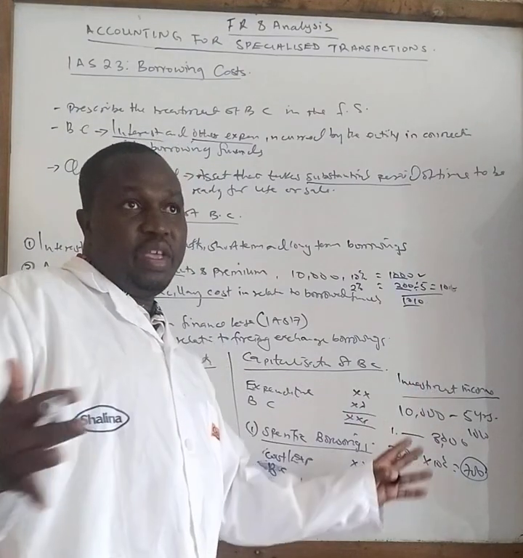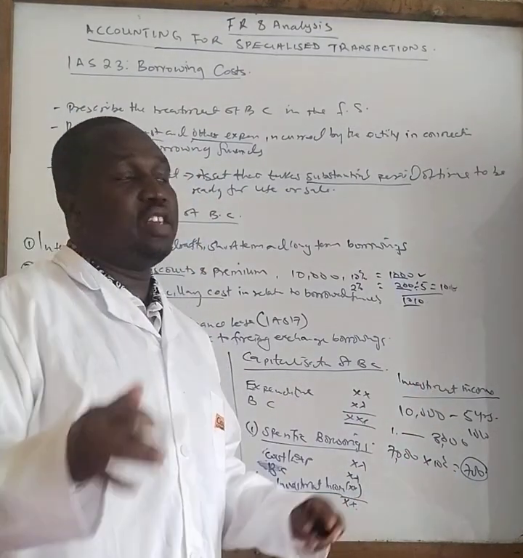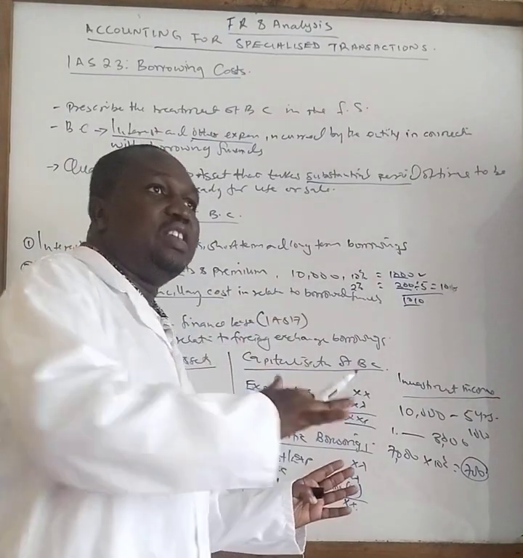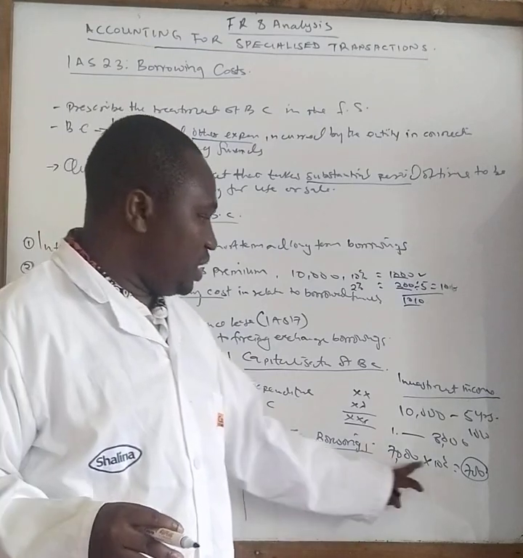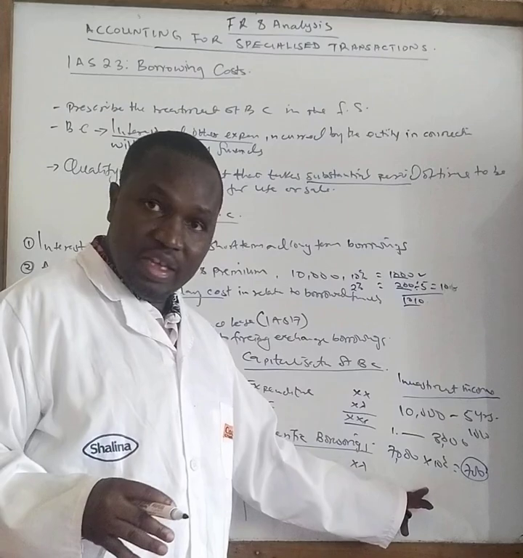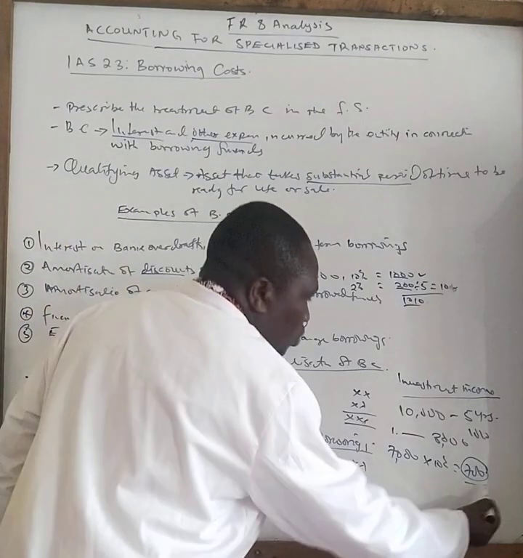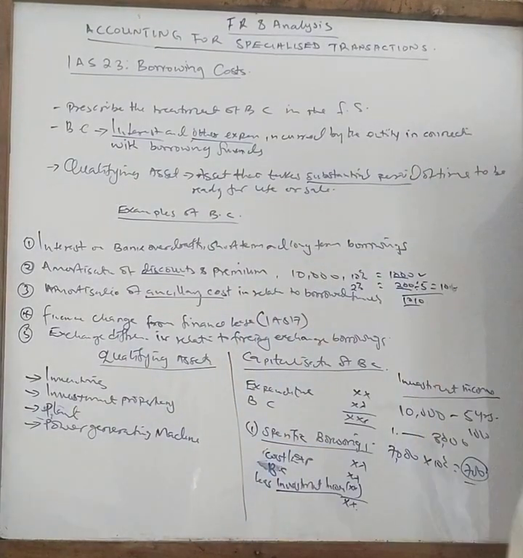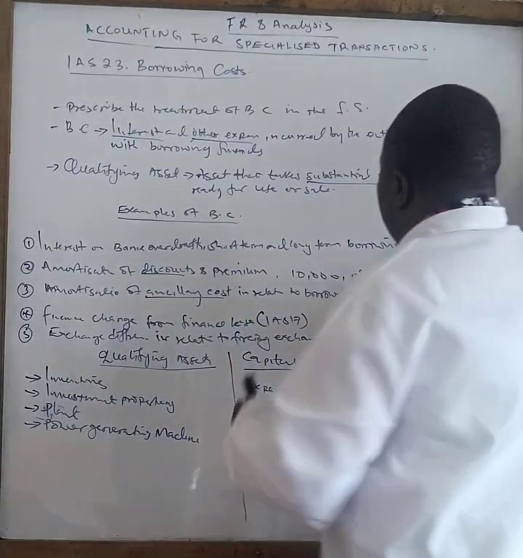But if it is during the period, it will be a portion of the year. For example, if you invested it in June, it will be 6 months in operation. So this amount of money should be multiplied by 6 over 12. That is how you are supposed to arrive at that. Let's see an example from our notes.